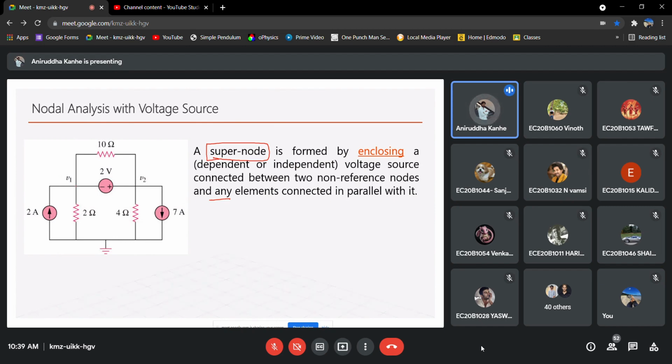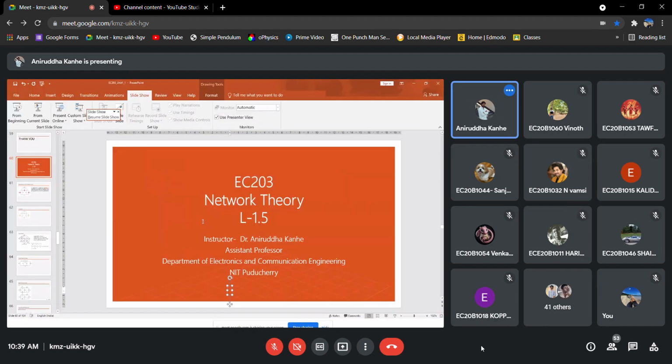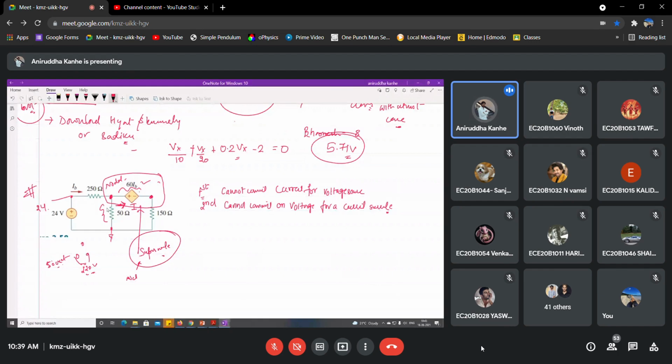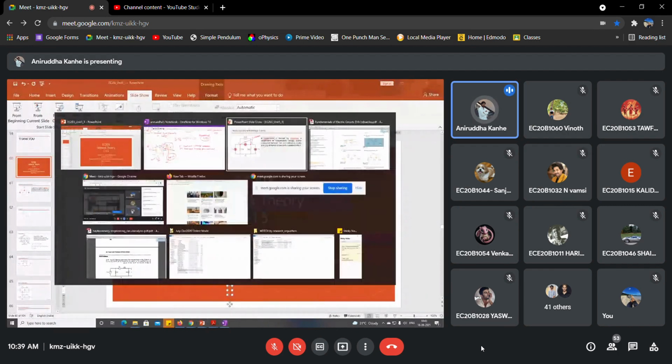So these two nodes combined can be called a supernode. Here you cannot directly apply the nodal analysis equation. In the next class we will see that, so this question also we will drop at this moment.